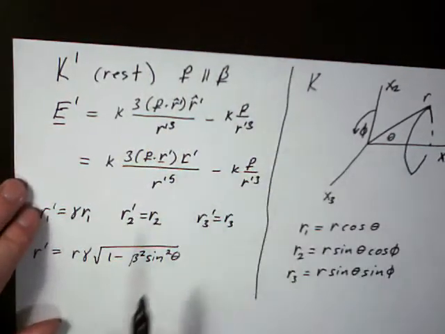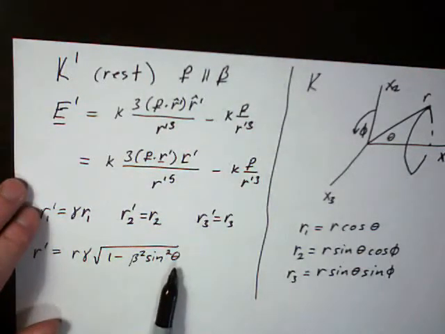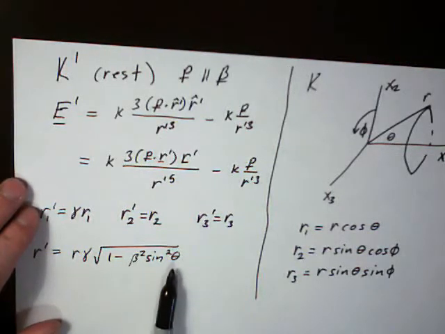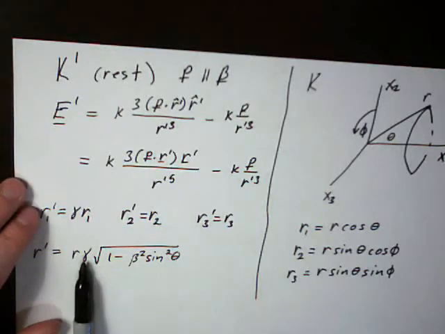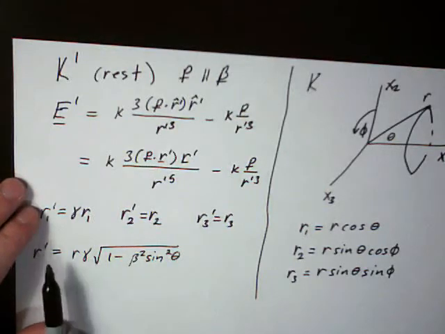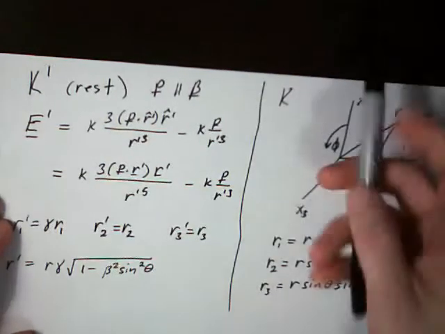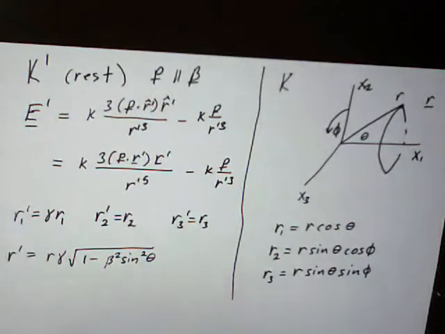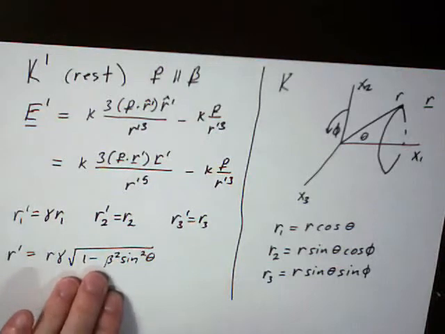And then perpendicular to the motion, I get pi over 2 for theta. Sine of pi over 2 is 1. So I get square root of 1 minus beta squared, which is 1 over gamma, which cancels this gamma. I just get r prime equals r. So r is unchanged in the perpendicular direction, which is what I expect. And so this is just basically angular dependent gamma.